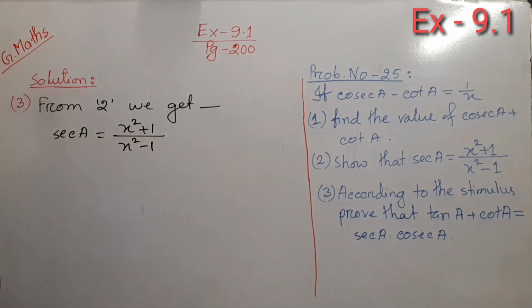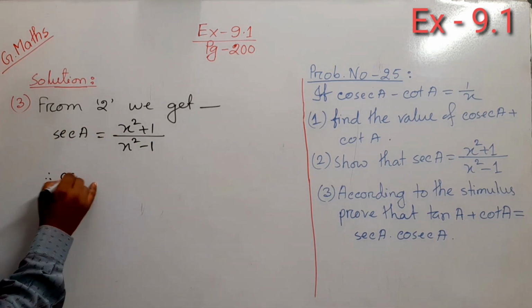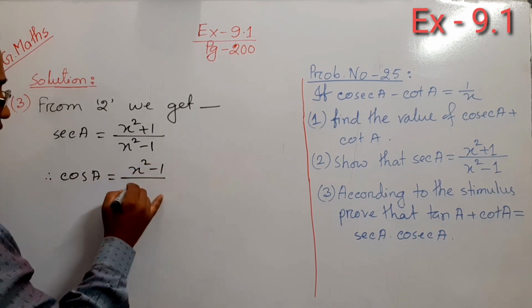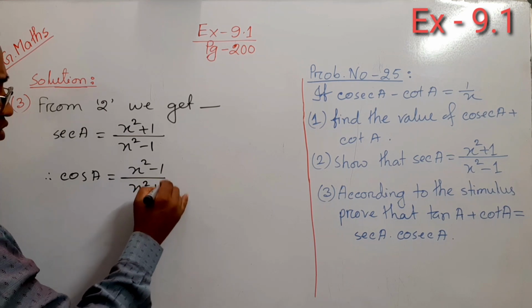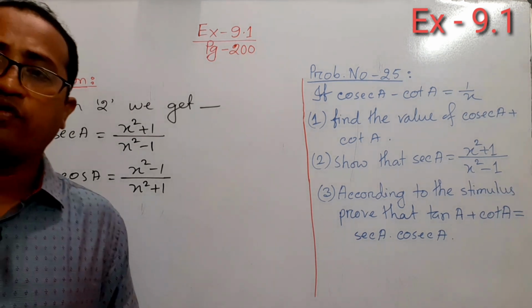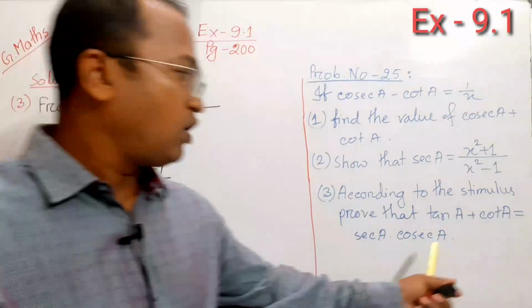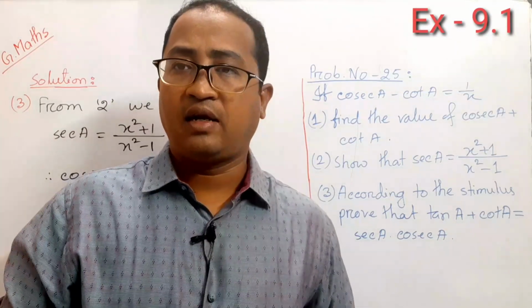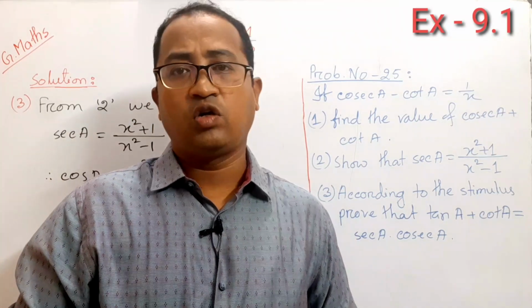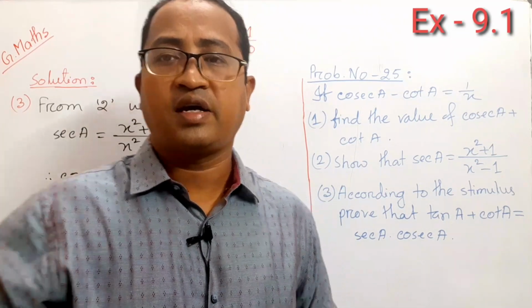If sec a is equal to x square plus 1 by x square minus 1, so cos a will be the reciprocal of sec a, since cos a is equal to 1 by sec a. So we have the value of sin a, cos a, sec a and cosec a. From these 4 values we will find out the value of left hand side and right hand side, and we will prove that the value of left hand side is equal to the value of right hand side.